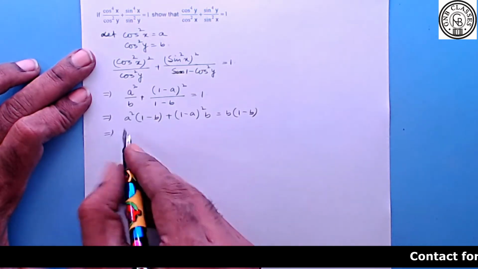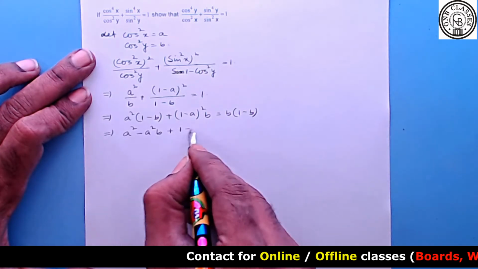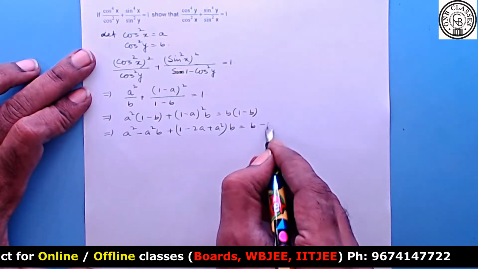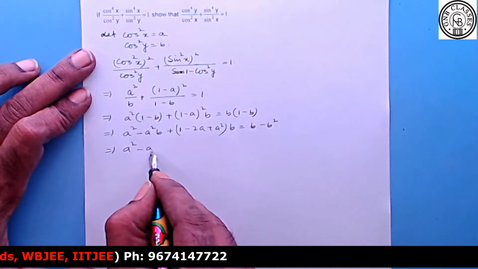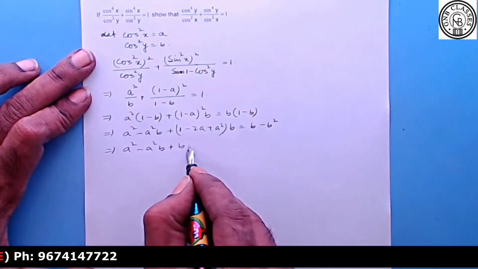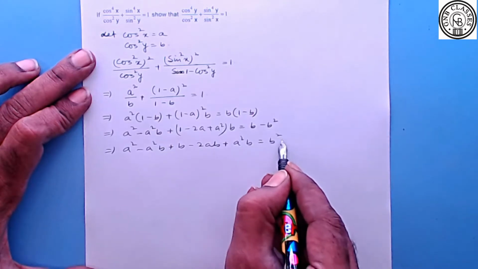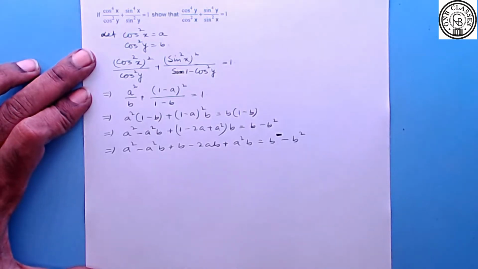Let me open the brackets. Let me open the brackets now. Minus 2ab plus a square b equals b minus b square. Is it clear?